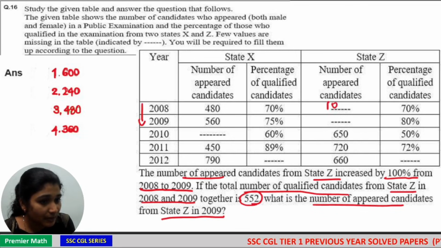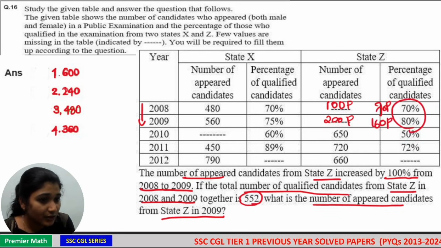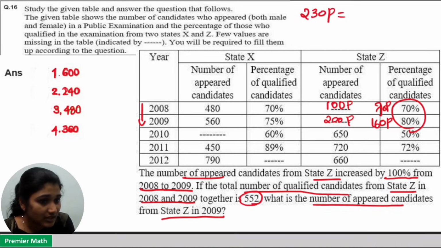That is, if appeared candidates in 2008 is 100 part, then in 2009 it is 200 part. And here 70% of 100 parts is equal to 70 part and 80% of 200 part is equal to 160 part. And these two together is 70 part plus 160 part is equal to 230 part, which is given as 552 in the question.